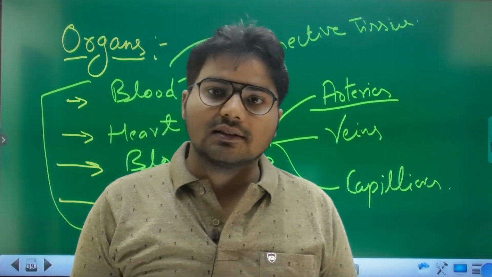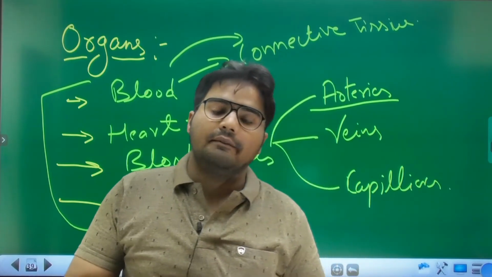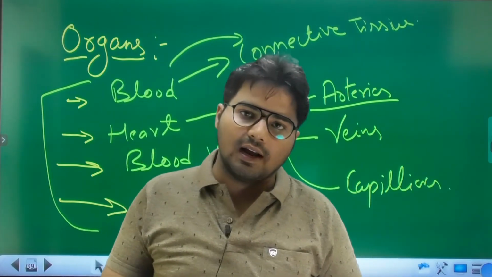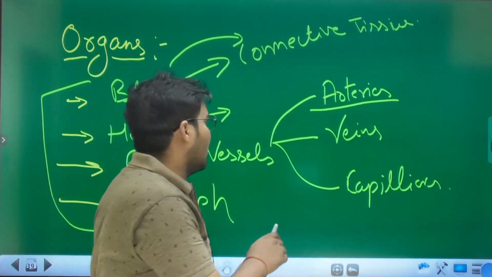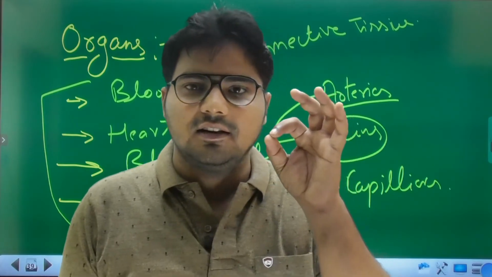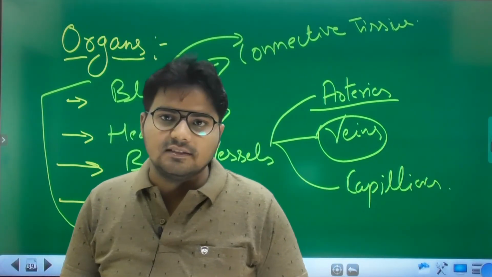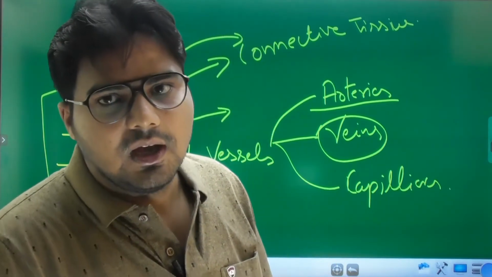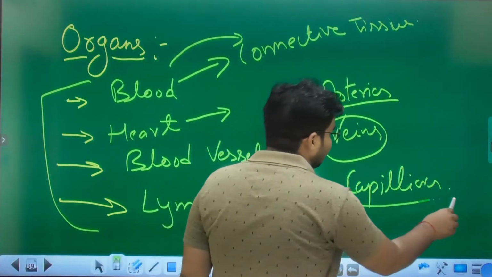Arteries are thick-walled, tube-like structures which carry oxygenated blood from the heart to all parts of the body. And what are veins? Veins are thin, tube-like structures which carry deoxygenated blood from all parts of the body to the heart. And what are capillaries?